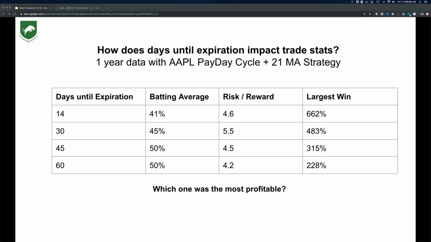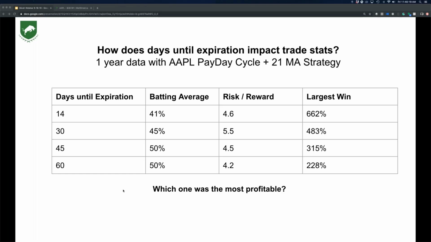Every stock has a different payday cycle. Every stock is going to have different stats for the payday cycle. Scott says, does Robinhood charge for contracts? No. Robinhood does not charge for options at all. Okay, cool. 30 days. Alex, have you seen my presentation before?